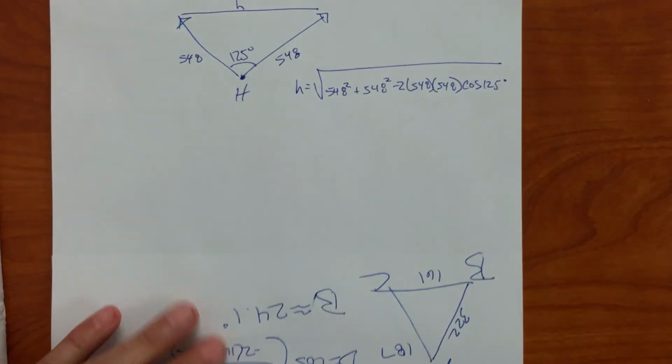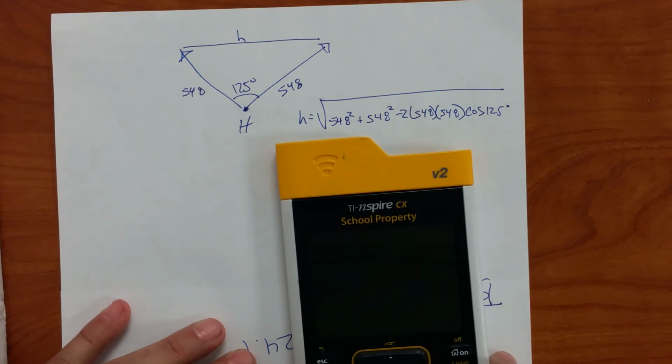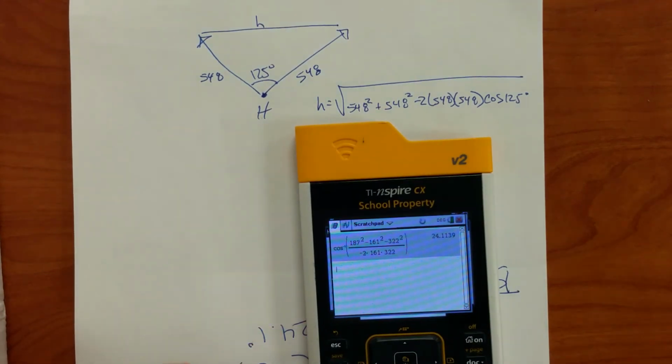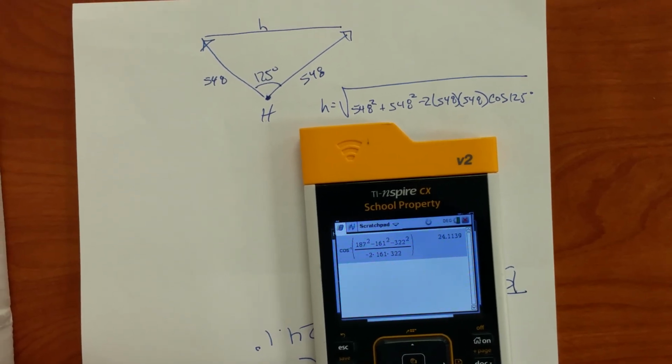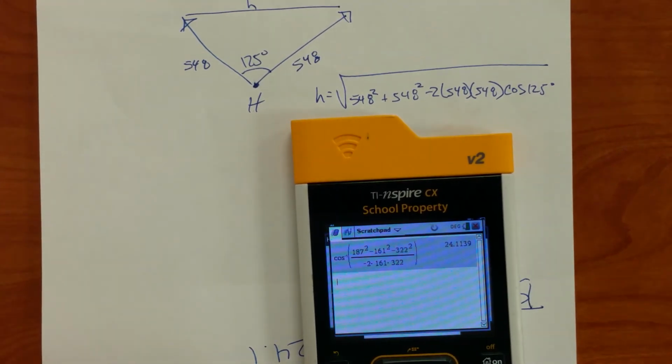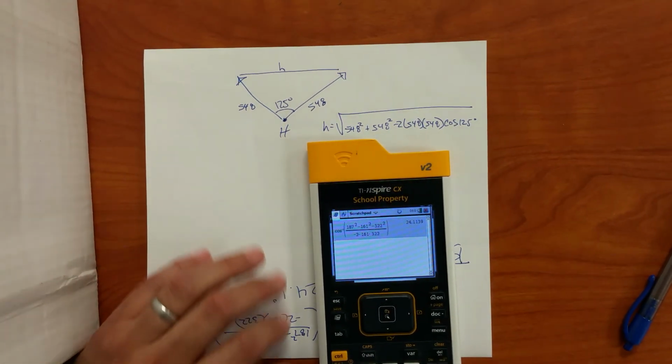Let me move this out of the way. Put this in the calculator now. See if I can zoom out a bit. All right, a little bit better.